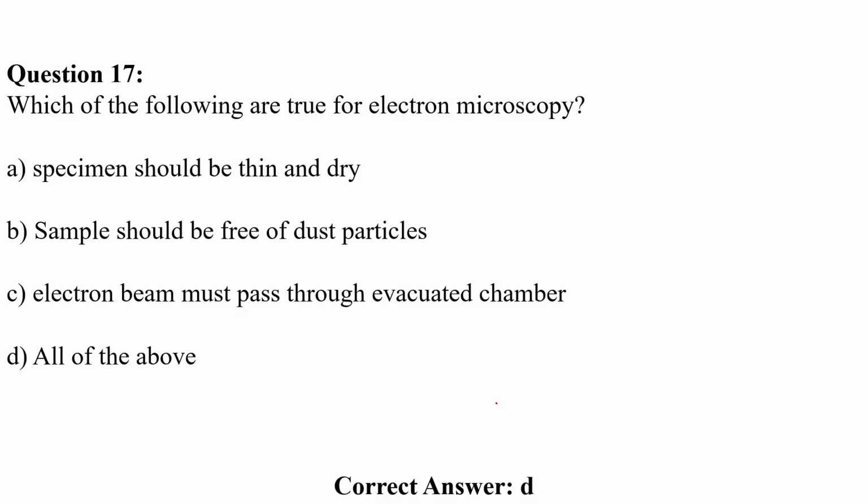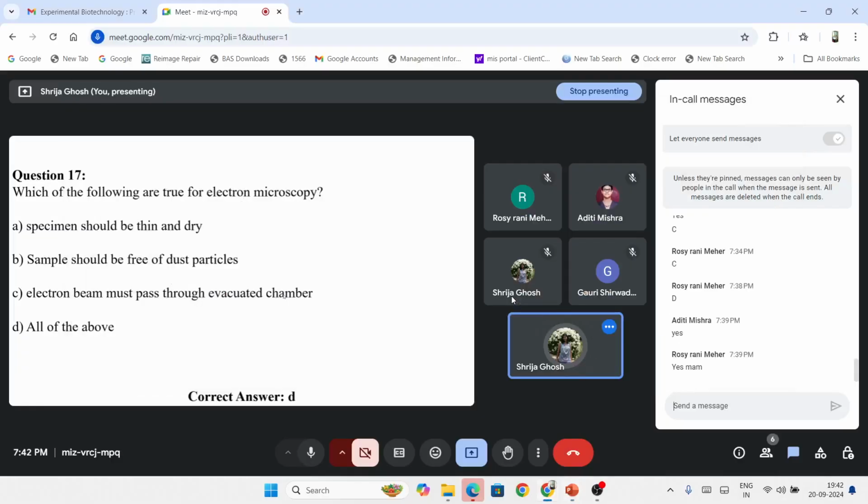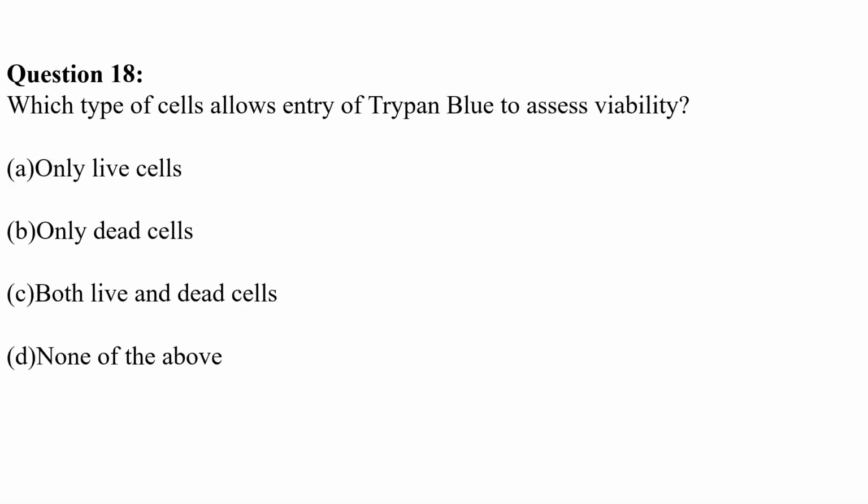That's why your sample has to be free of any moisture, anything that can interfere with the electron beam, and the electron has to pass through complete vacuum, because otherwise your beams are going to be diffracted. This is clear?